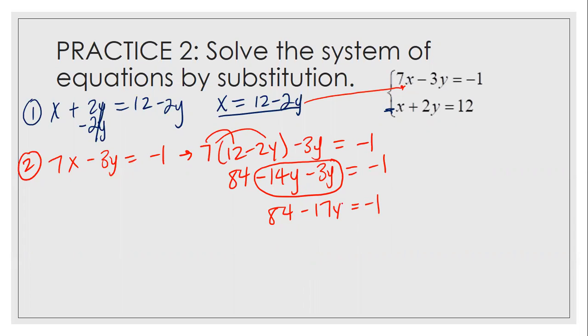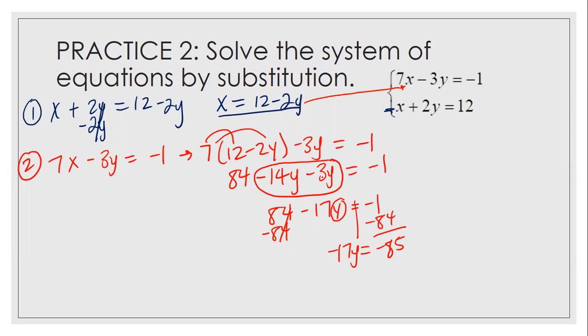So our goal is to get y by itself. So we subtract 84. And what I do to one side, I do to the other. And I'm left with negative 17y equals negative 85. Yes.